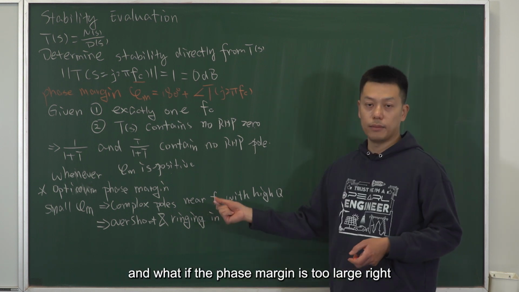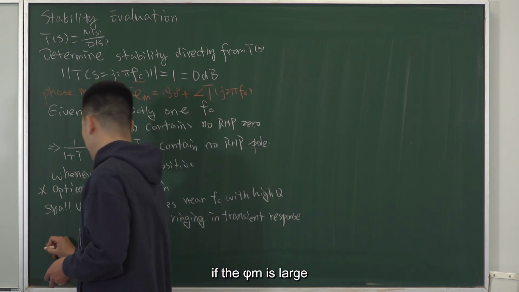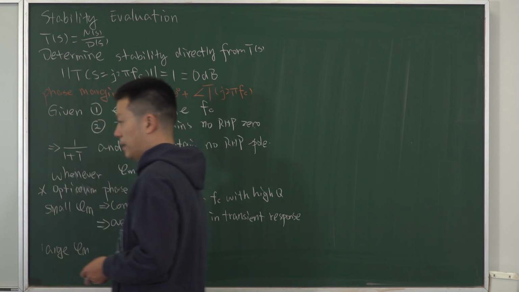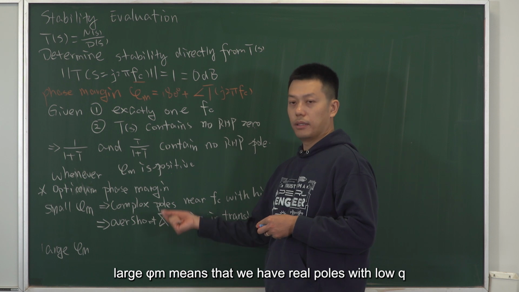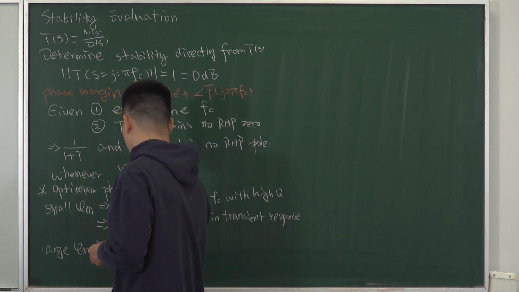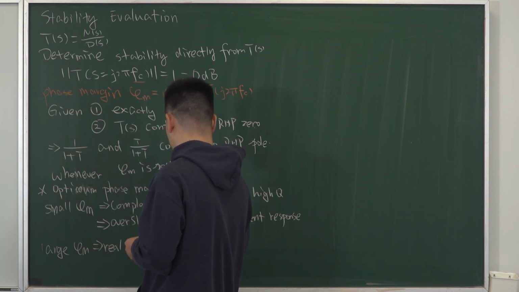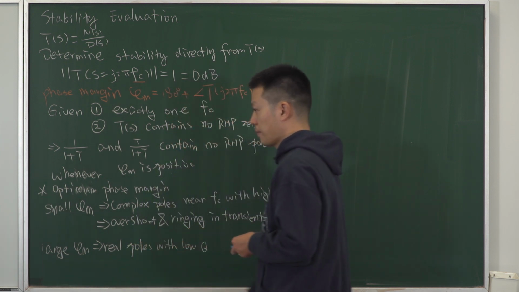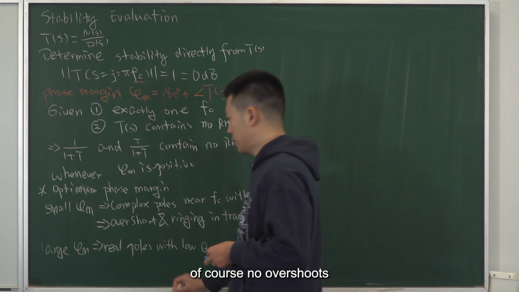And what if the phase margin is too large? Large phi m means that we have real poles with low Q. So this can resolve the overshoot problem, of course, no overshoots and no ringing.